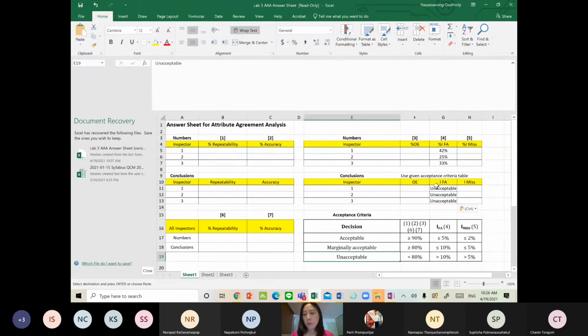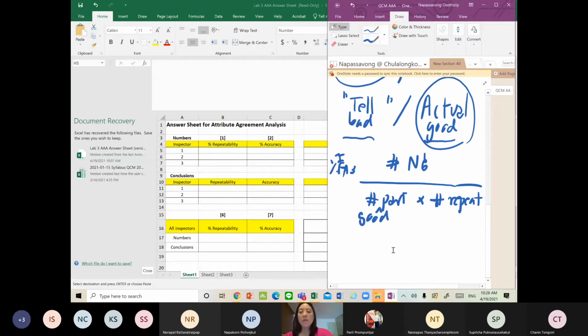Okay, now we move to the last indicator, which is percent I miss. So now you can guess. If we have false alarm, we will have another type of error, which is called miss.